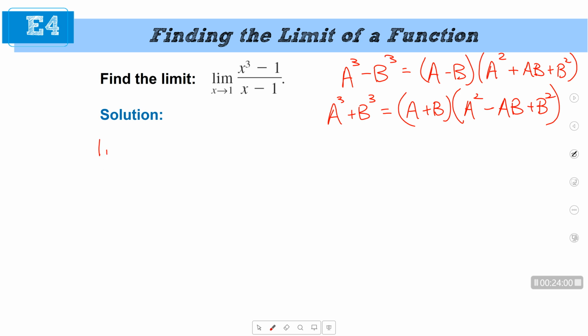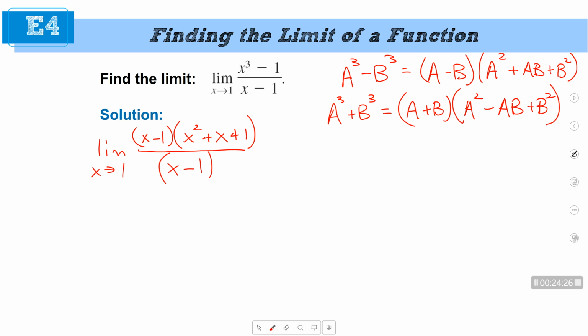When you're solving a limit problem, I know it's a pain in the butt, but you have to write this limit as x approaches whatever every single time until you get an answer, then you're done writing it. So this would become x minus 1 times x squared plus x plus 1 over x minus 1.